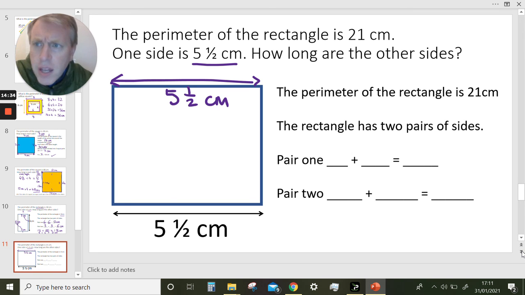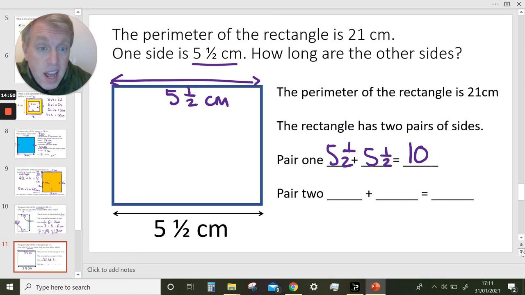Well, that's good. We've worked out that the first pair of sides is 5.5 add 5.5. 5 add 5 is 10. Half and a half is 1. 10 add 1, okay, 11.